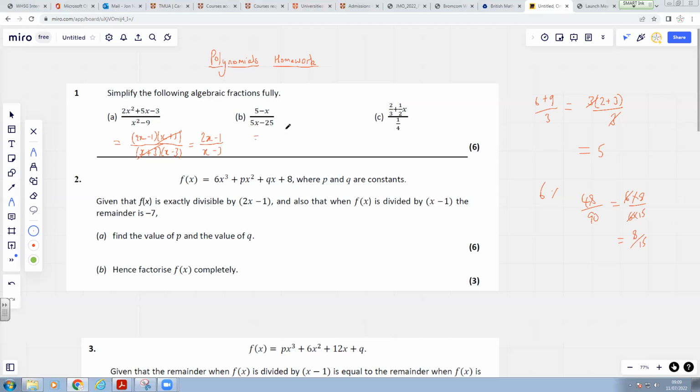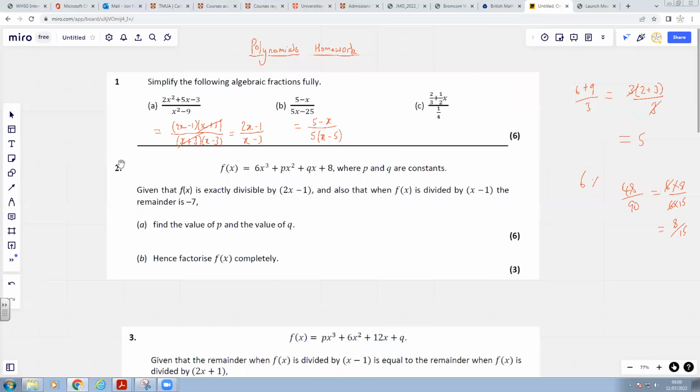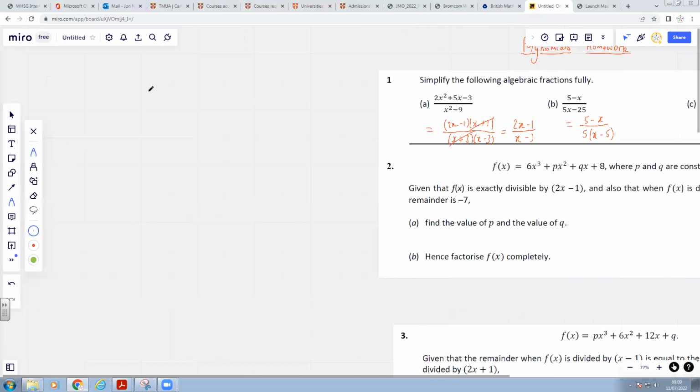Next one's got a little bit of a sting in its tail. Top can't be factorized, but the bottom can be factorized to give you 5 times x minus 5. Now, this is something that few understand: a minus b is the negative of b minus a. Yeah, that's a fact.